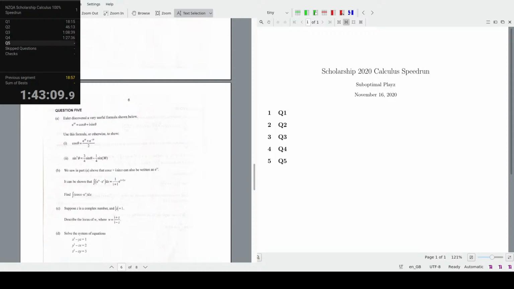What's the locus of that? Alright, the locus question is so silly.